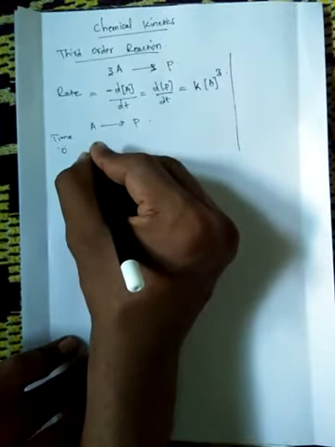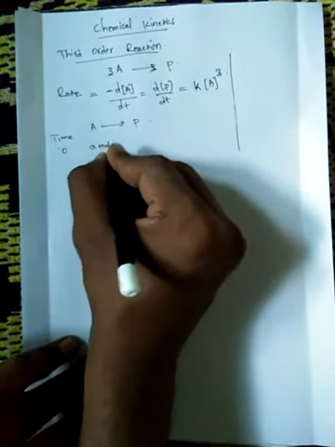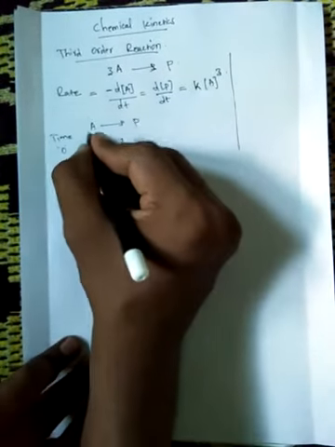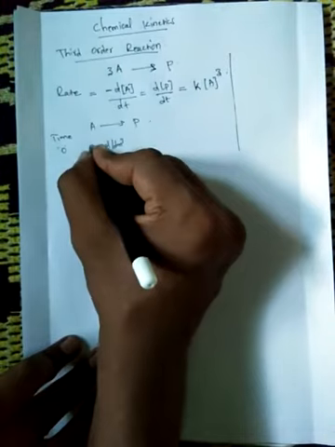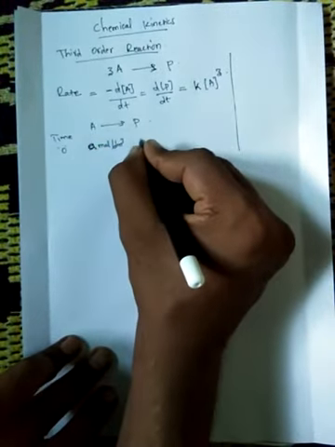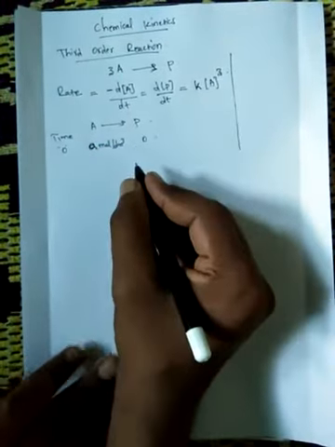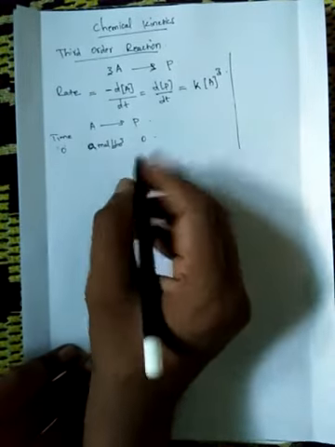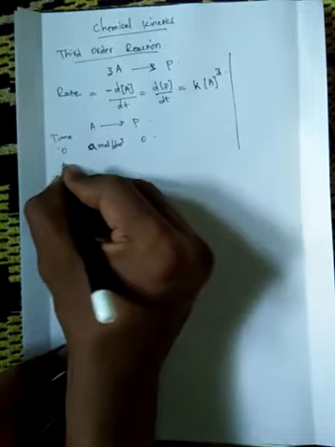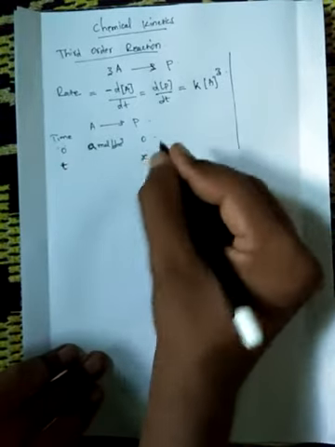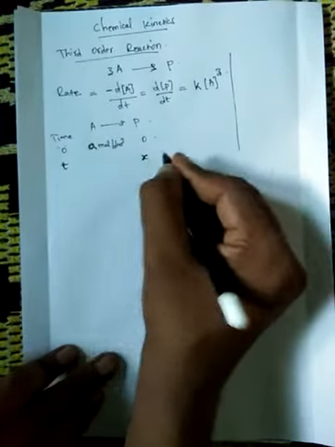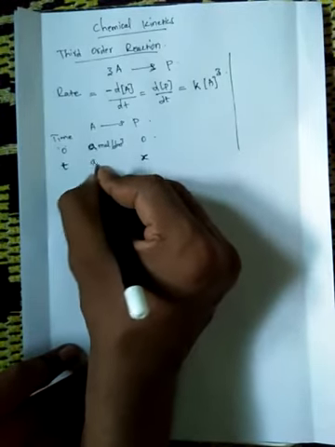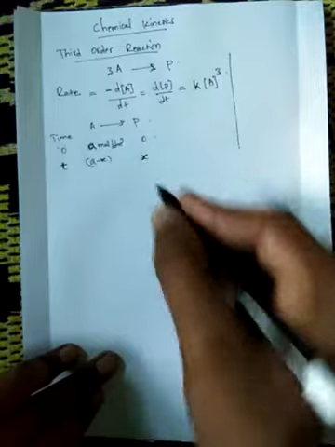You have taken A mole per liter of reactant, and the product is 0. Product is not formed, so the reaction is not started. After some time t, let me assume x mole of product is formed. The unreacted molecule will be A minus x mole per liter.